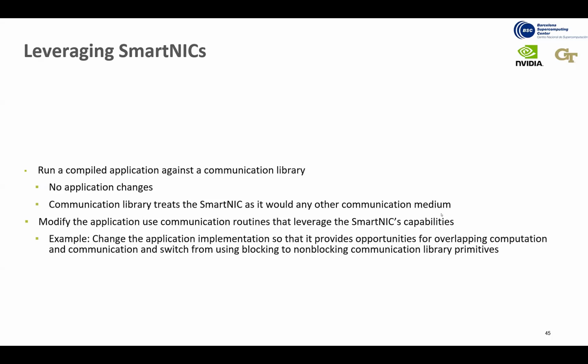That said, if your application is not well designed, and not in a negative way, to take benefit of asynchronicity and this type of thing, you may need to modify your application. And during the last part of the presentation, we will talk about that a little bit more with two different examples. I think the best way to think about it is to remember that SmartNICs are really used, at least in the context of MPI, as an asynchronous progress agent.